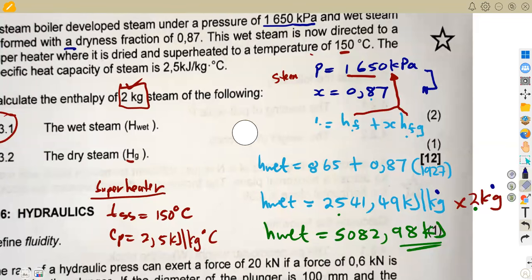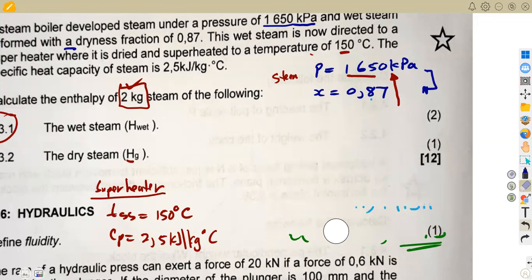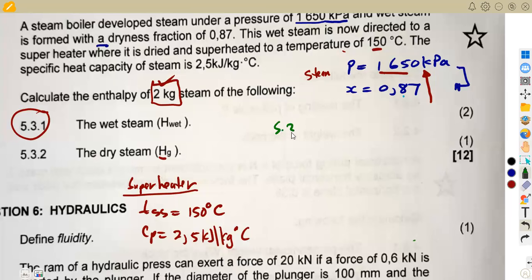All right, remember our value for hg. We said it is 2,792 kilojoule per kilogram.